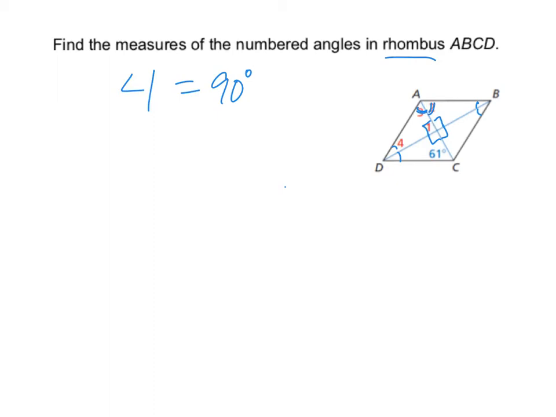So all of these angles are congruent to each other. So we'll put a single mark at angle D and angle B because those two are congruent and they are bisected. And those angles that are bisected are congruent. And then angle A and angle C are also congruent, and that diagonal bisects angle A and angle C. So now you have 4 congruent angles.